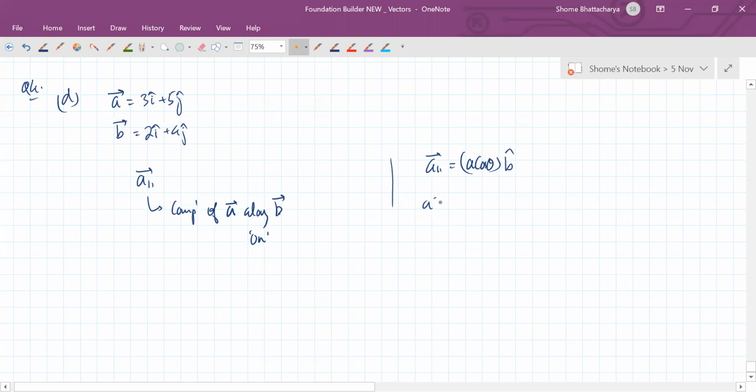This formula where A cos theta is the dot product divided by magnitude of B. So from here you can see the dot product is how much? 6 plus 20, 26, and the magnitude of B is square root of 4 plus 16, 2 root 5.